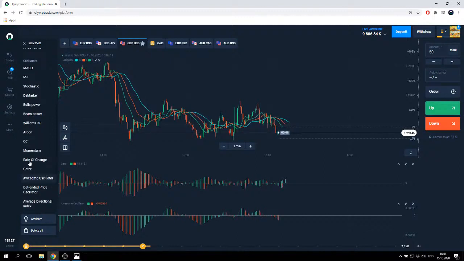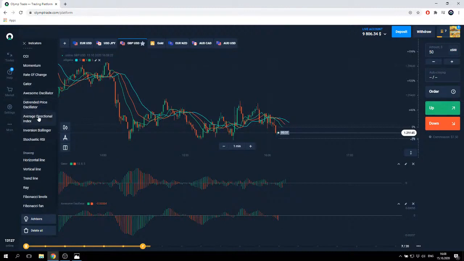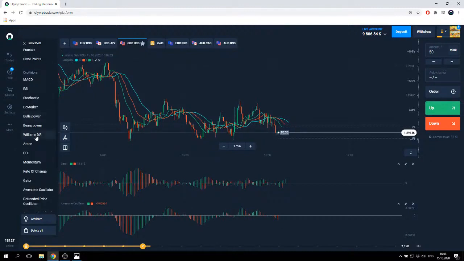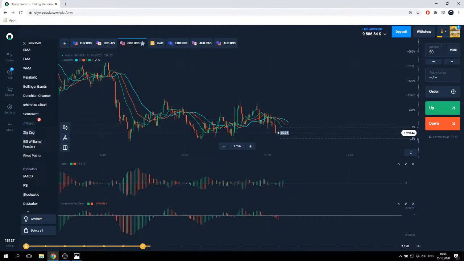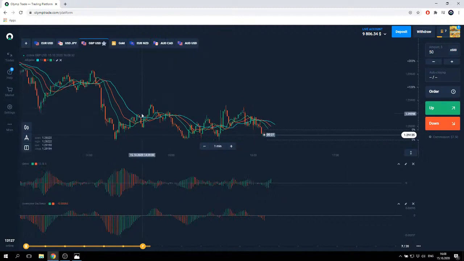You can find pretty much all indicators here, and you can manually do the setup. So here is the awesome, here is the gator one, and we have the alligator also, this one you can see here, right?